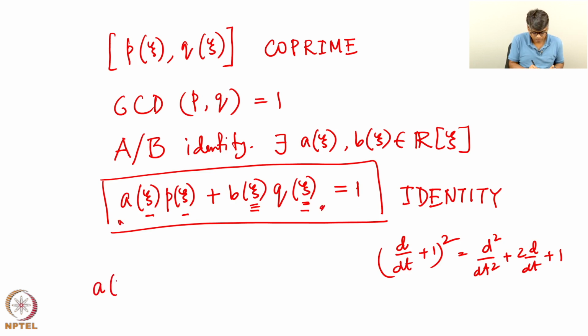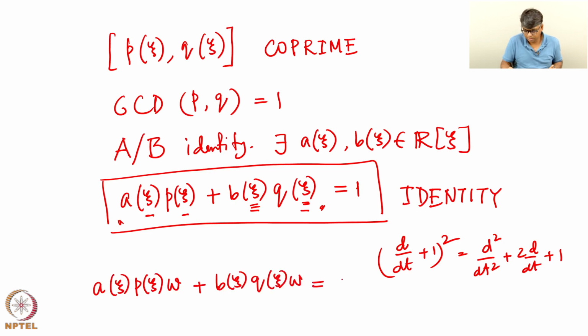So, A psi P psi W plus B psi Q psi W must be equal to W for any trajectory W. Now notice the first thing.